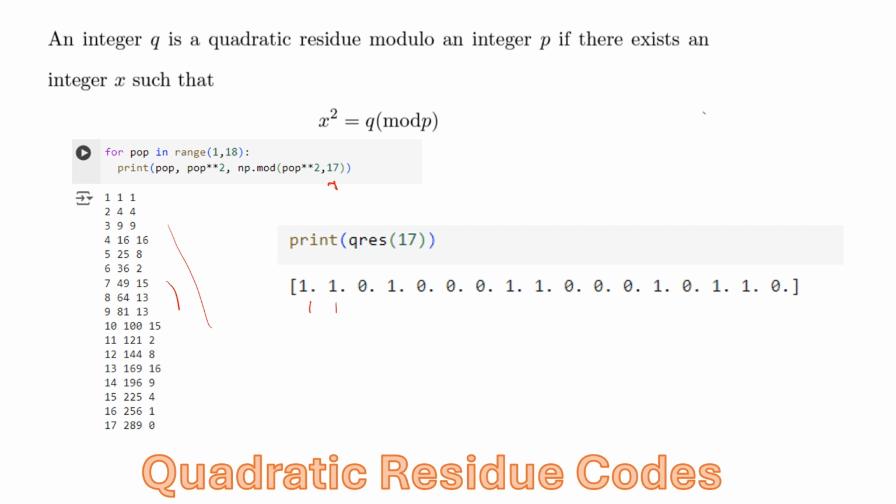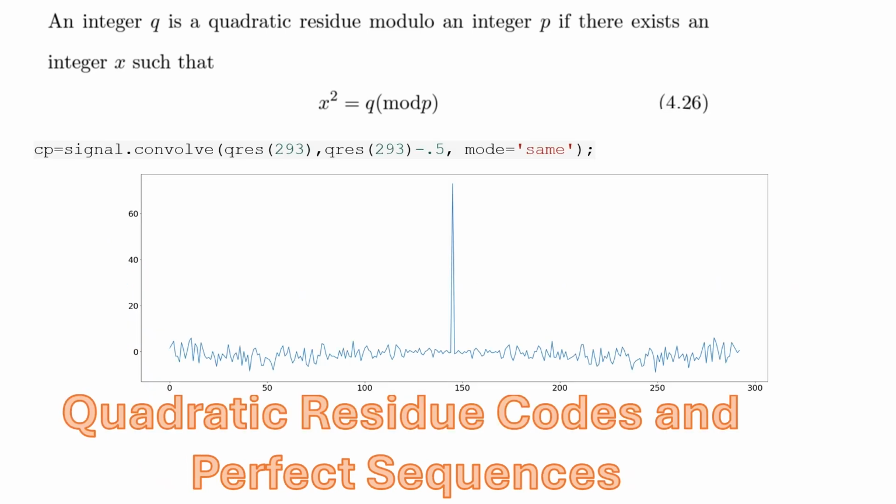It turns out that these quadratic residues create a structure in the number line that has interesting properties. If we take a quadratic residue code, here for example we've created the quadratic residue code on the base of 293, which happens to be prime, and convolve it with itself, it turns out to be sharply peaked.